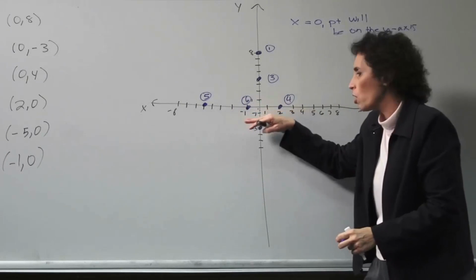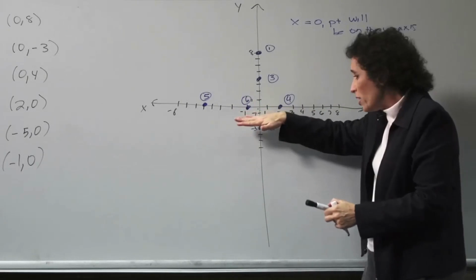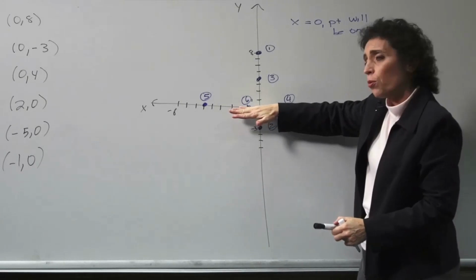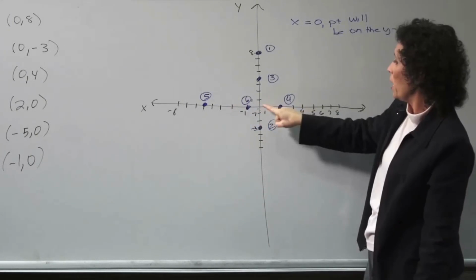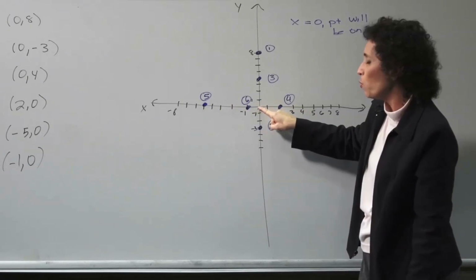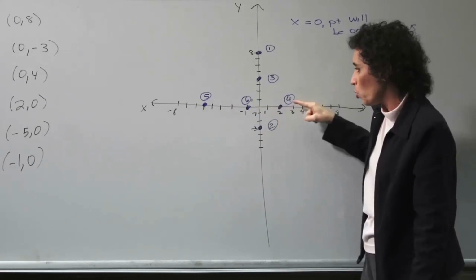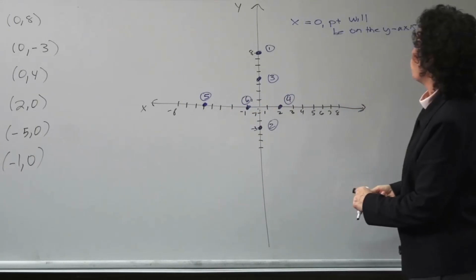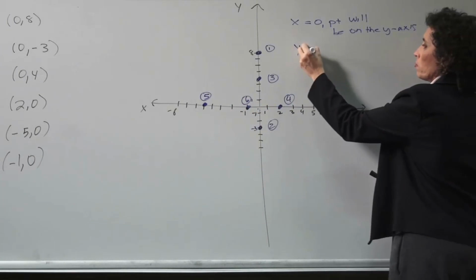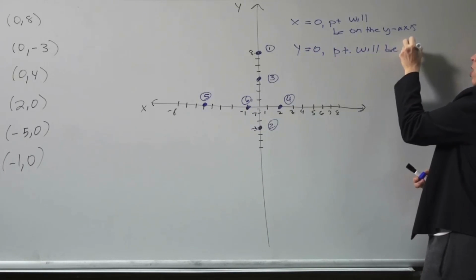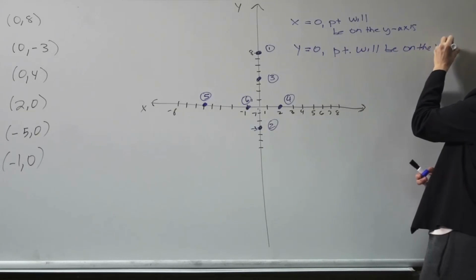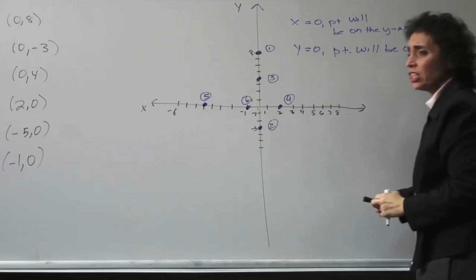When your Y's were 0, where was the point? If Y is 0, you can't move up or down, you can only move left or right. So when Y equals 0, your point will be on the X-axis.